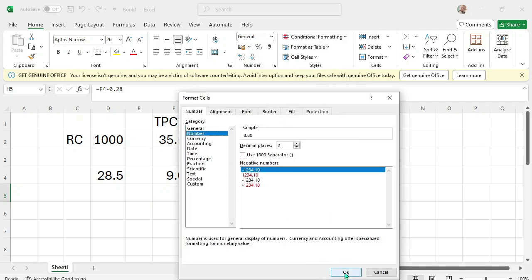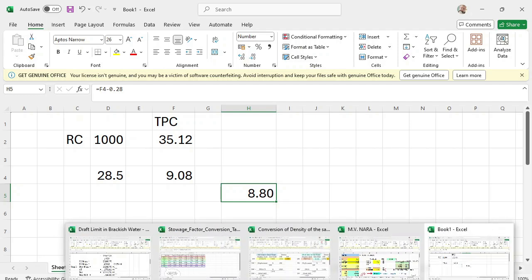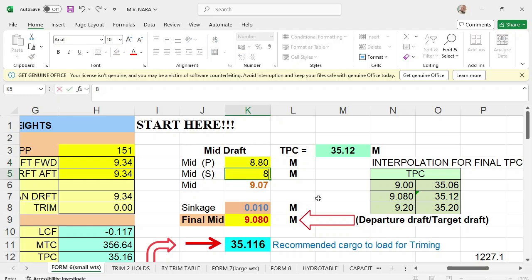Go back to the, that will be your mean, 8.80.